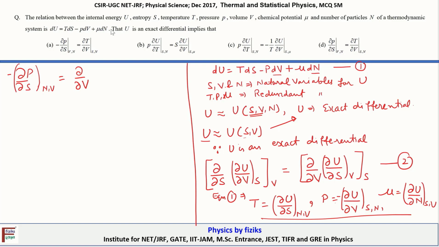So dU by dS is T, so dT by dV keeping S and N constant. If you take a look at option A here, minus dP by dS at fixed N V is equal to dT by dV, this one. So that means A is the correct one.